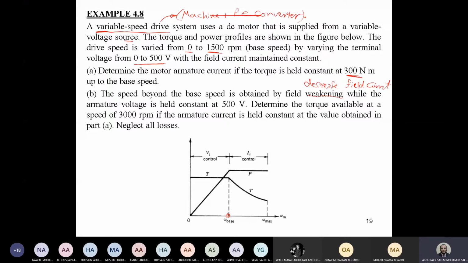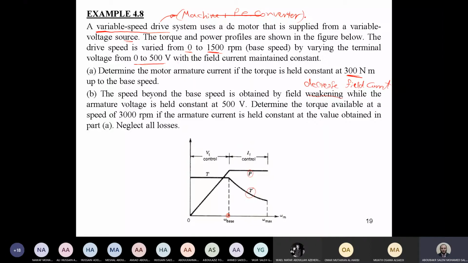So decreasing field current will lead to increase the machine speed. So we are going to increase the speed in this region. So we expect to keep the power constant, and we expect the torque will be reduced.